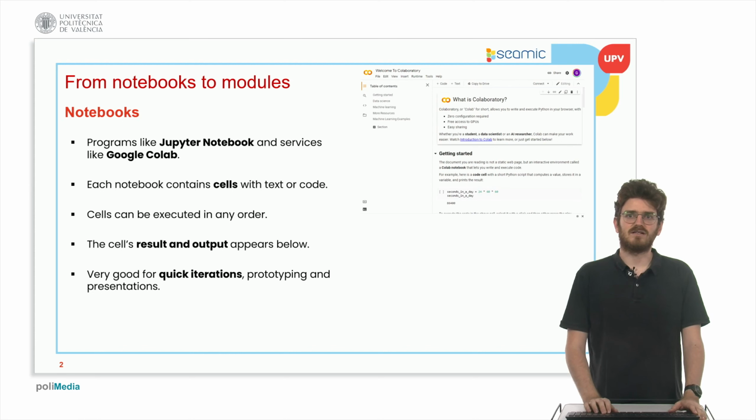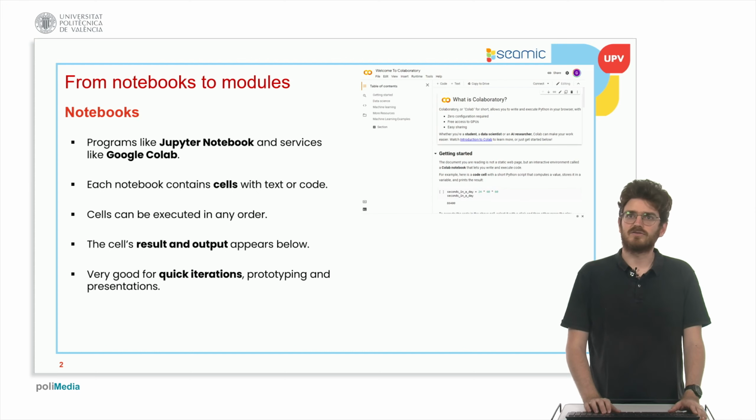You can have, for example, the exercises you want to solve, and in between them the code that actually solves the exercise. You can also execute each cell separately and independently of each other, and each cell shows you the result. For example, if you evaluate 2 plus 2, it shows you 4, and the output from any print statements appears directly below the cell.